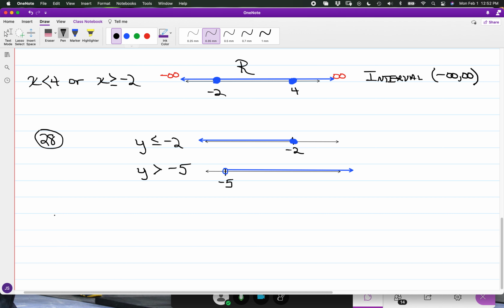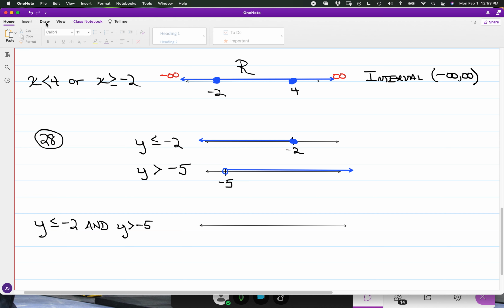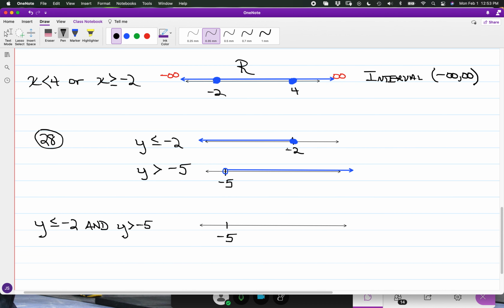And just looking at combining the statement y is less than or equal to -2 and y is greater than -5, just for the limits of concern, you have -5 and -2.